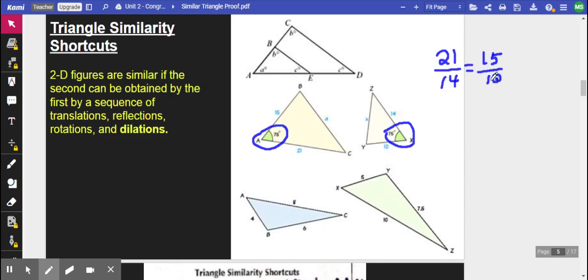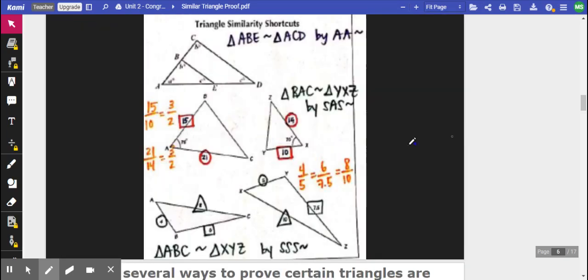They're both going to be 3/2. And you can see in this next one, we have 3/2 as our scale factor. And this particular one, we're basically saying that these two triangles are similar by side angle side similarity, which we'll define a little more specifically in a little bit.